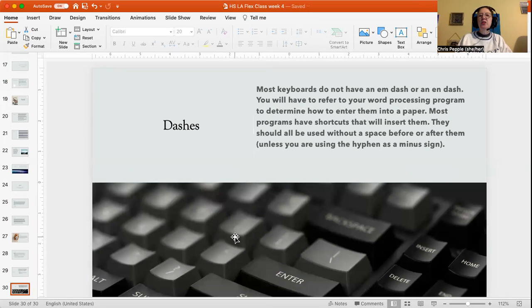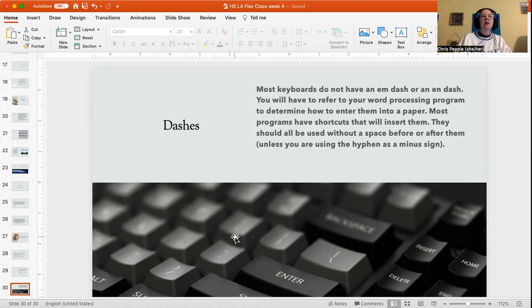So most keyboards do not have an M dash or an N dash. You will have to refer to your word processing program on how to enter them into a paper. Most programs have shortcuts, like on my Mac for an M dash, I hit Shift, Option, and the hyphen, the minus sign, and it'll put my M dash in. And they all should be used without a space before or after them, unless you're using the hyphen as a minus sign.